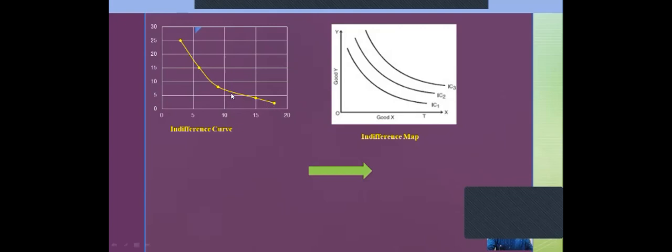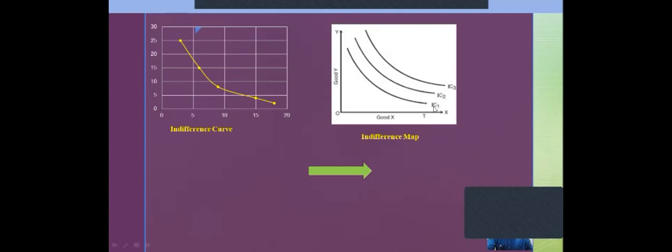The shape of the indifference curve is called a rectangular hyperbola. And you see there are many indifference curves in the right side of the diagram, showing IC1, IC2, and IC3. So an indifference map is nothing but a group of indifference curves, a collection of indifference curves.